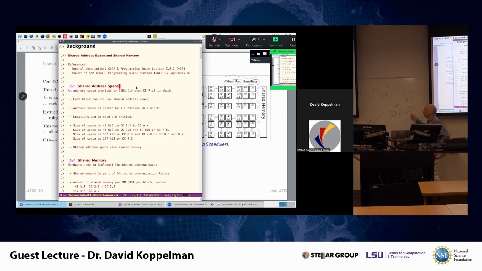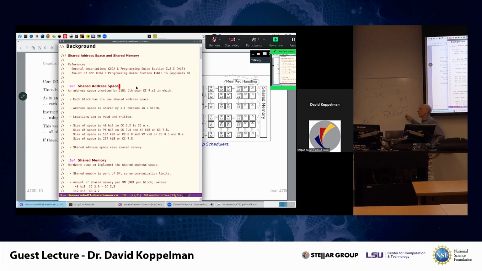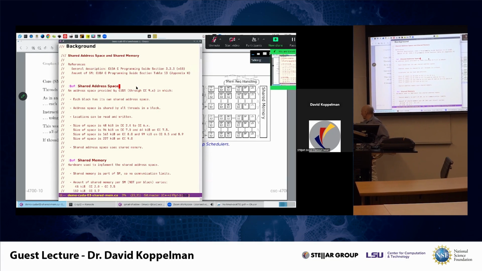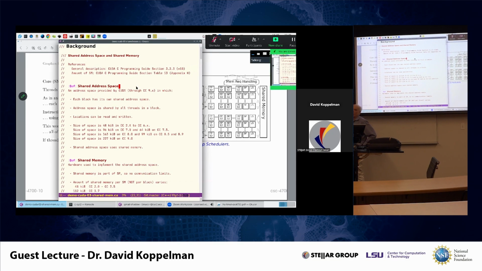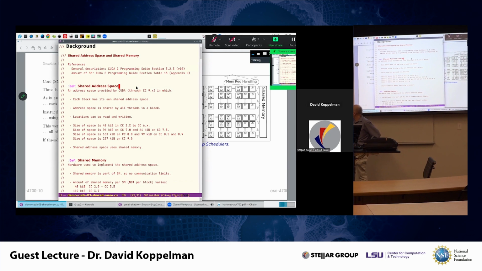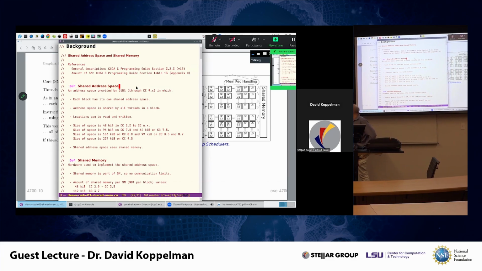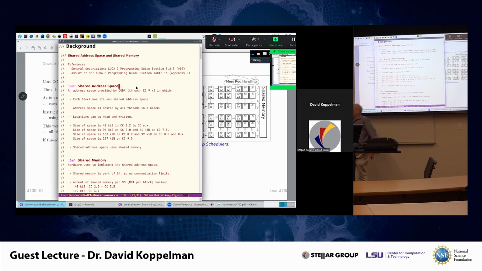There's a certain size here, it might be 64 KB, 100 KB. It's divided between the L1 cache, and by the way, in the computer architecture world, we are not using a dollar sign to indicate an abbreviation for cache, or shared memory. So the shared memory will be in this storage.